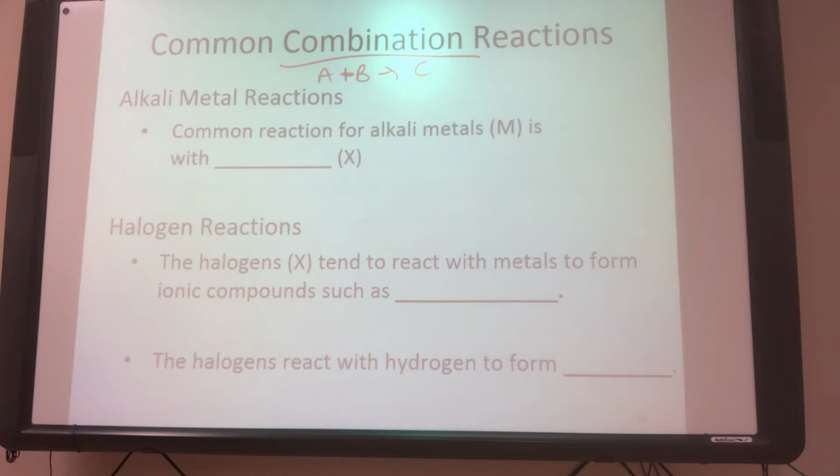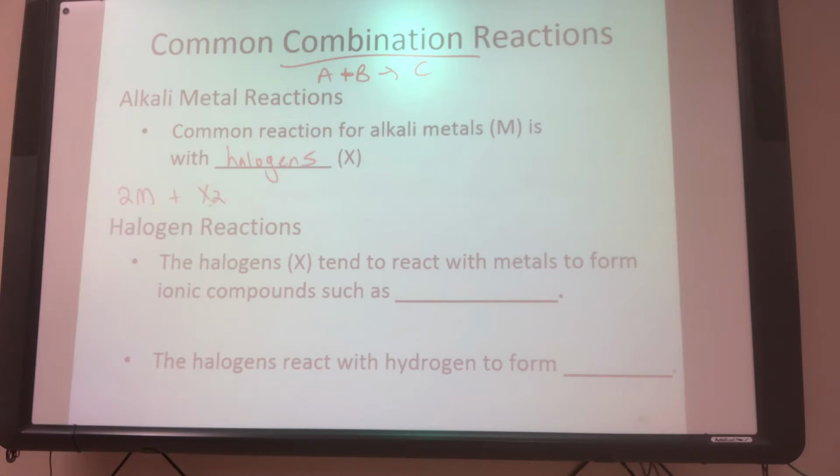So here, this is a common reaction for alkali metals, and they're going to react with halogens. So remember, halogens was group 7, chlorine, bromine, iodine, all of that. So the general format for this would be 2 of the metal react with the halogen.